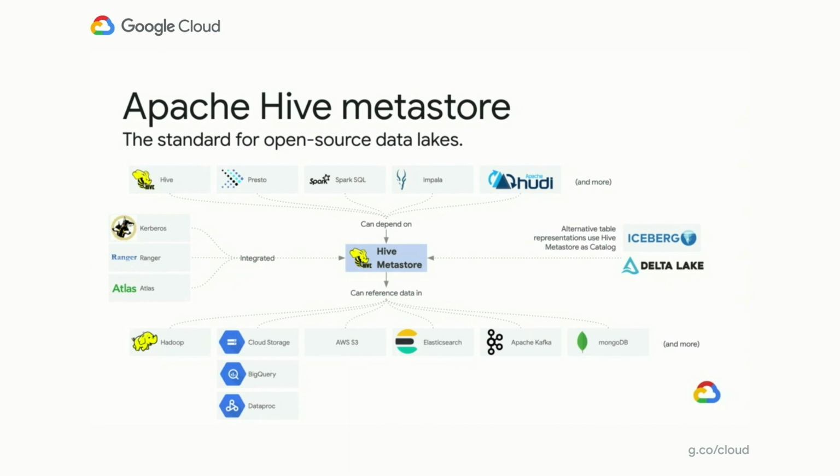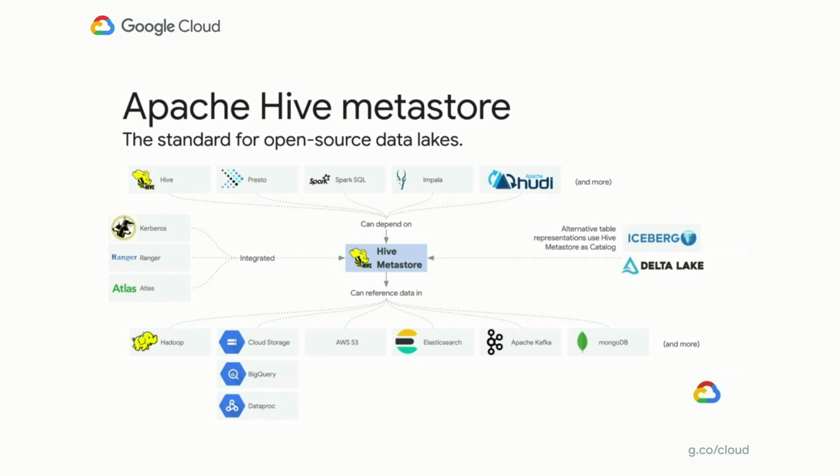The Hive Metastore integrates with a lot of open source that people use as part of a data lake, things like Kerberos, Ranger, Atlas. And the Metastore can understand or represent data that's in many different places, things like Hadoop clusters, cloud storage, BigQuery, other cloud providers, block storage, Elasticsearch clusters, Kafka clusters, and so on.